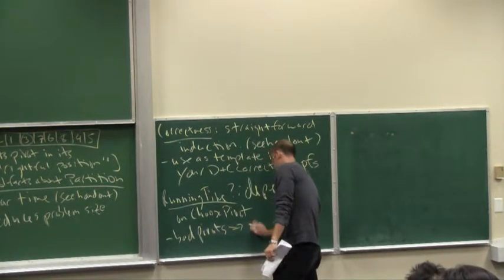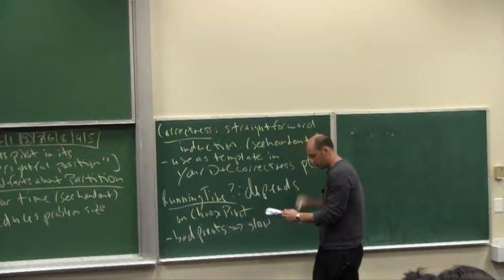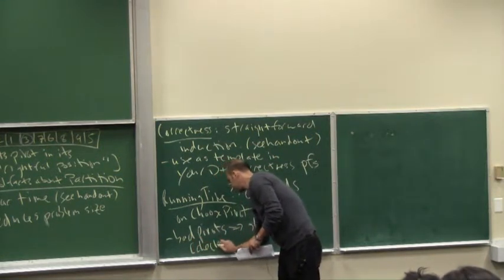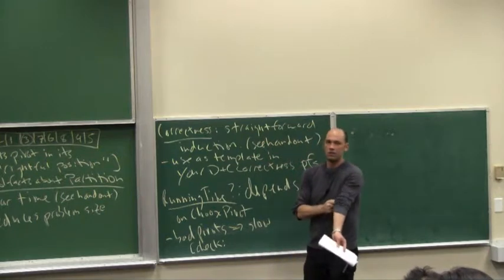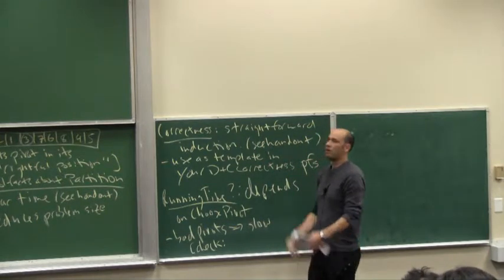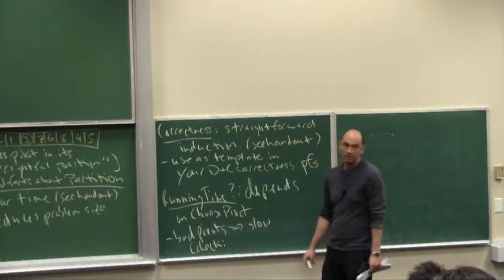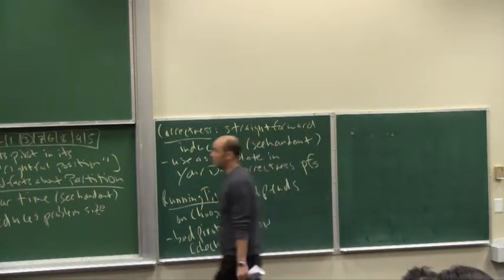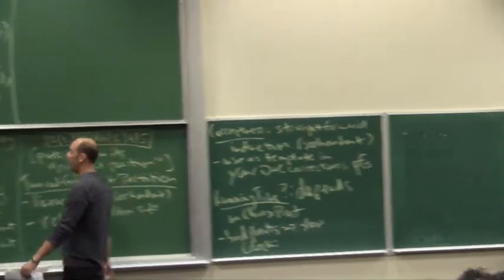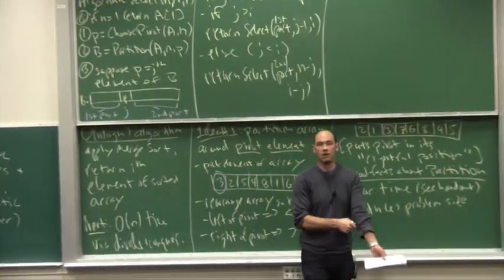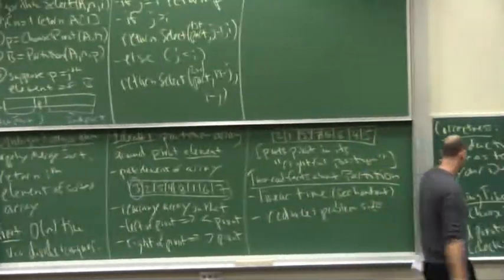So bad pivot will make this algorithm run slow, and I suggest that you check that there are even cases in which a sequence of terrible pivot choices could make this run even in quadratic time. And remember, in this context, quadratic time is pathetic. We had a really, really easy n log n algorithm to solve the problem. So check.